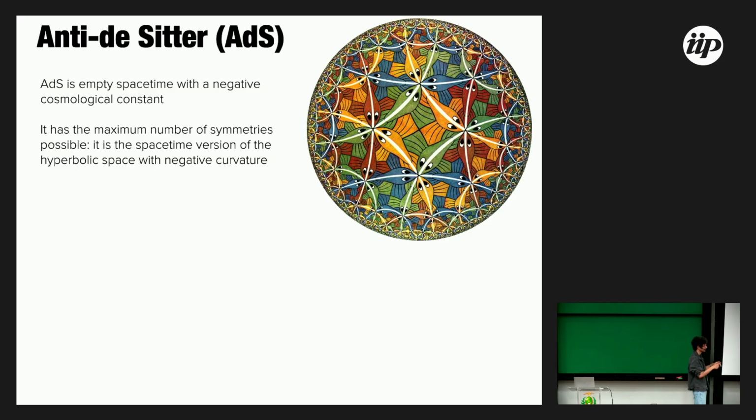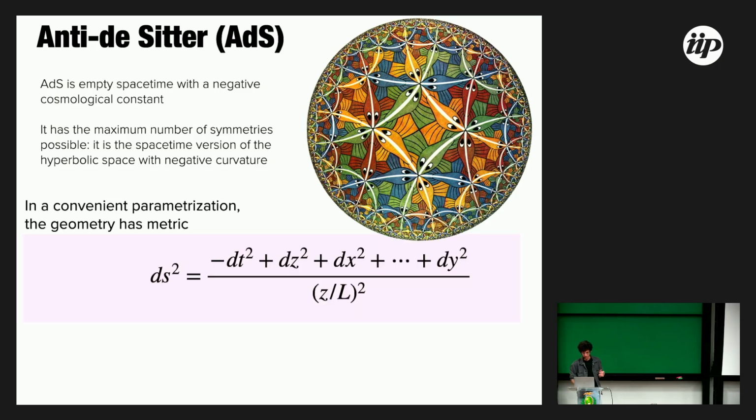A Pringles potato chip is a hyperbolic space. It has negative constant curvature. ADS is kind of the space-time analog of a Pringles chip. It has negative curvature, but it's not just a space, it's a space-time, so it has a time direction. And in some convenient parameterization, the geometry is this.